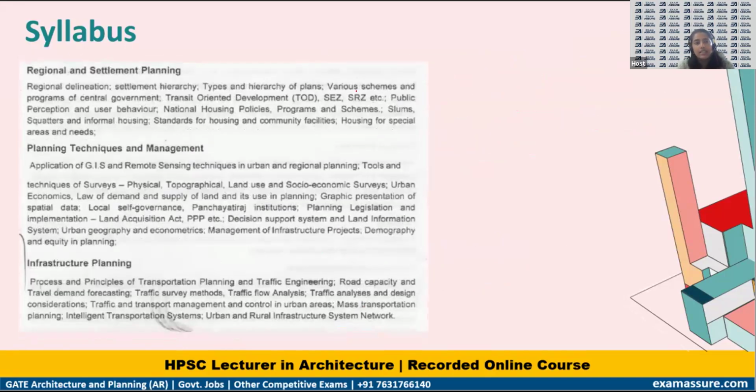Coming to regional and settlement planning, again, what is your basic regional delineation? What are the different types of plans, hierarchies of plans? Perspective plan क्या होता है?